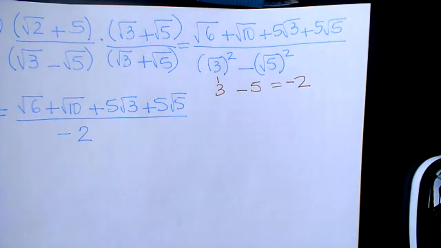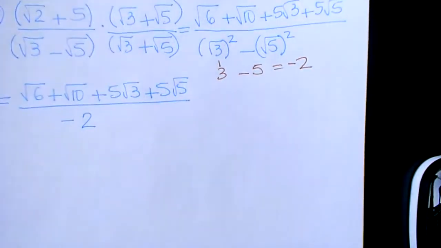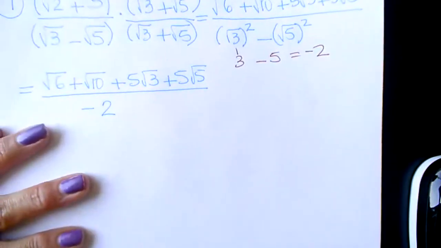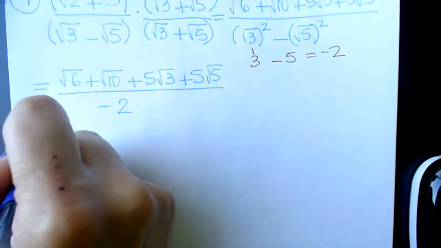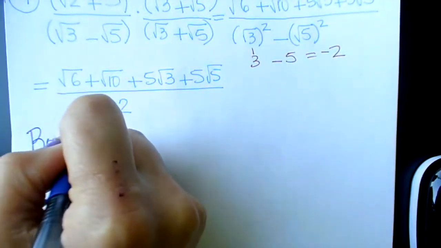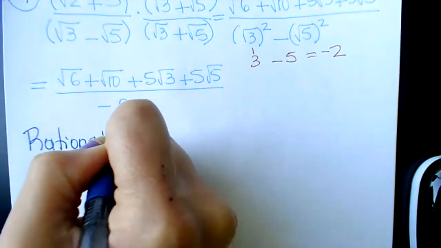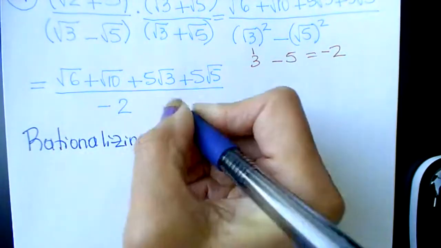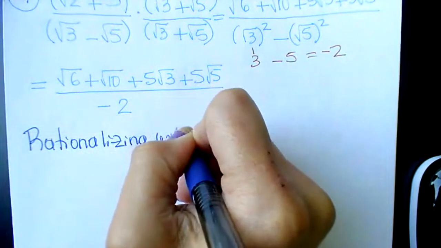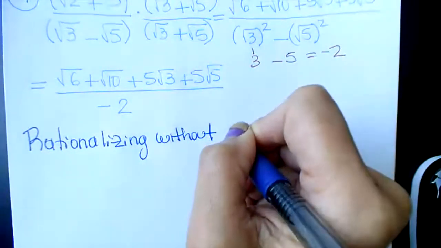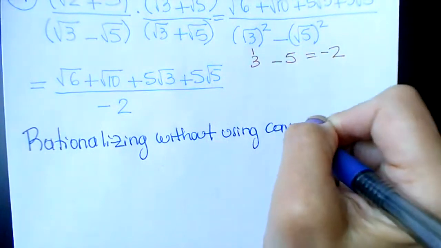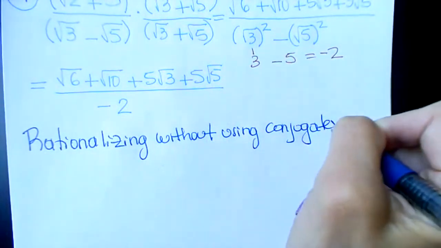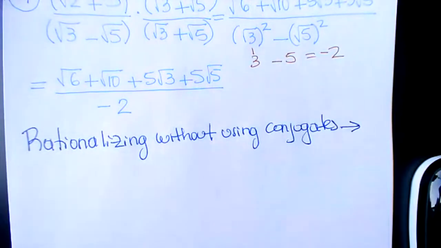So here we're going to write down: rationalizing without using conjugates. Okay?